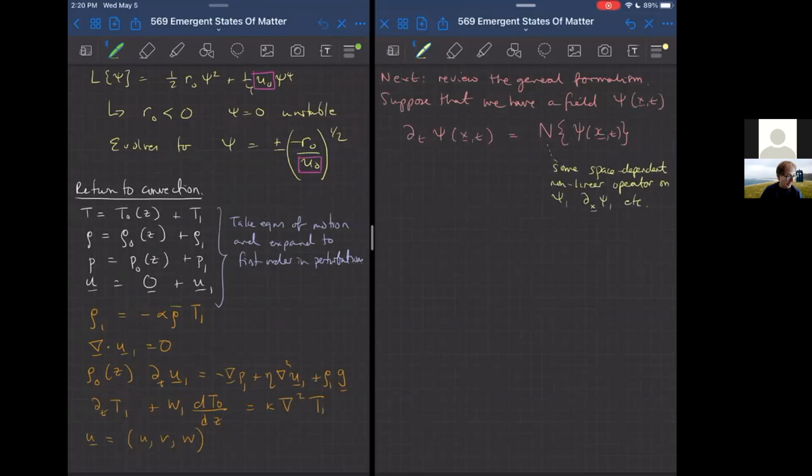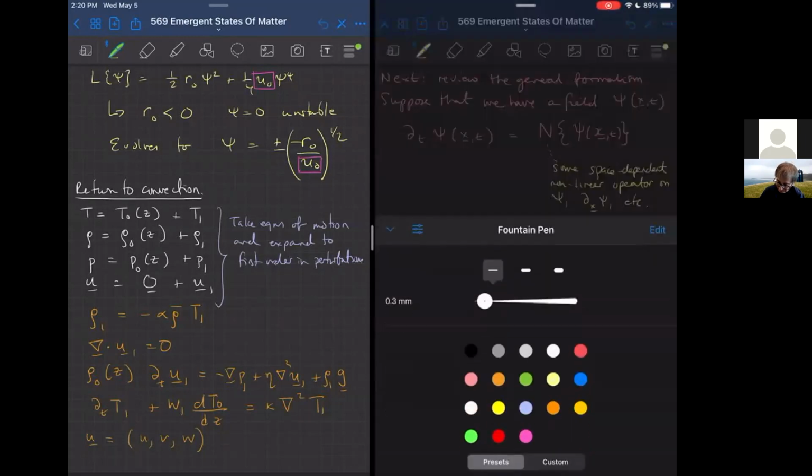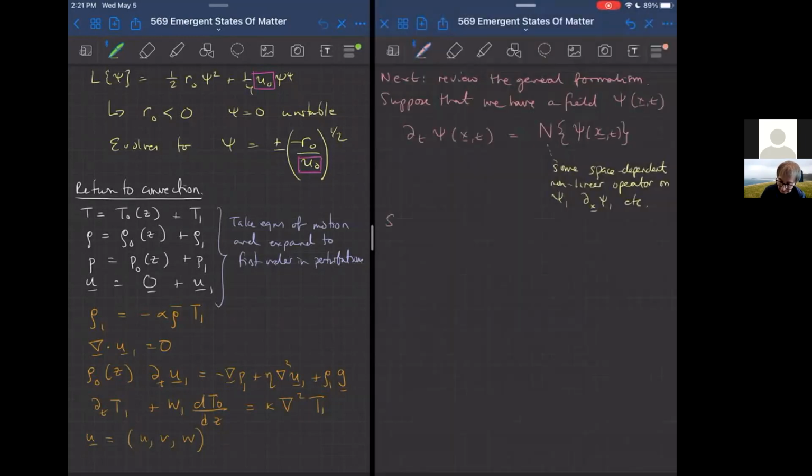Okay, so something like this. Then the steady state solution, which I'll write as psi naught of x, just obeys d psi by dt equal to 0, and so that means it's the solution of N of psi naught of x equal to 0.